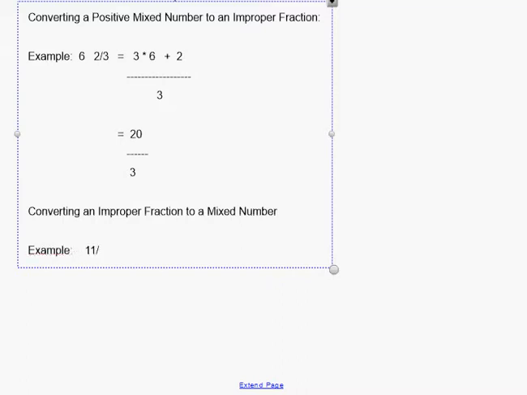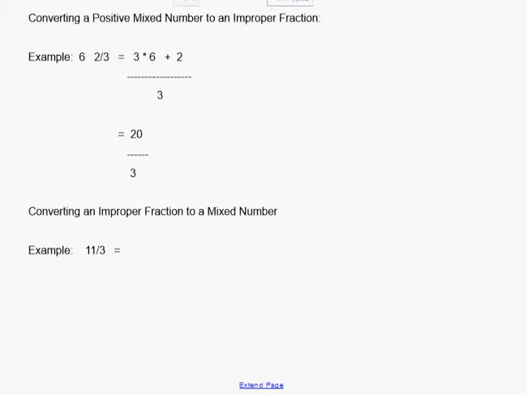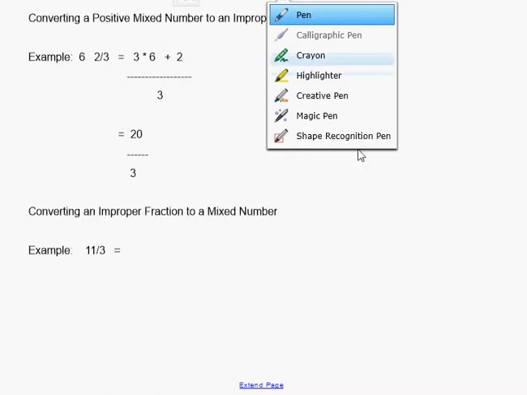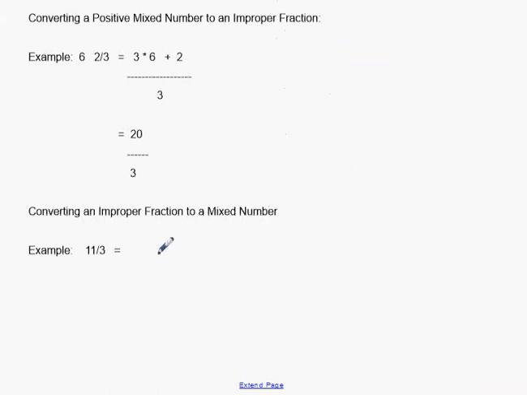Suppose we have the fraction 11/3. We're going to take the denominator 3 and divide it into the numerator 11. 3 divides into 11 3 times. 3 times 3 is 9.